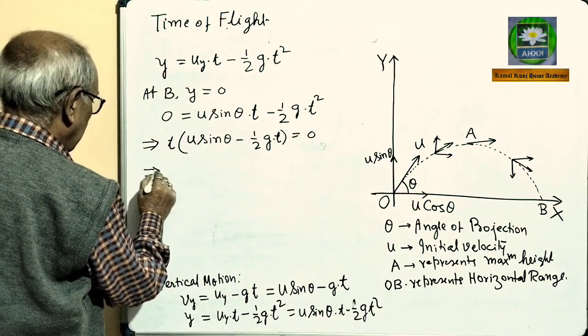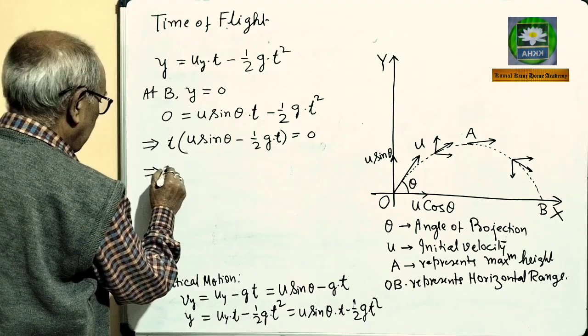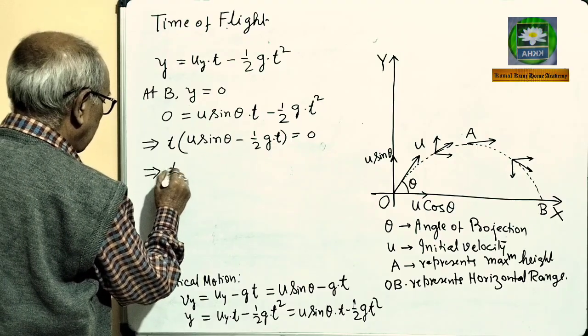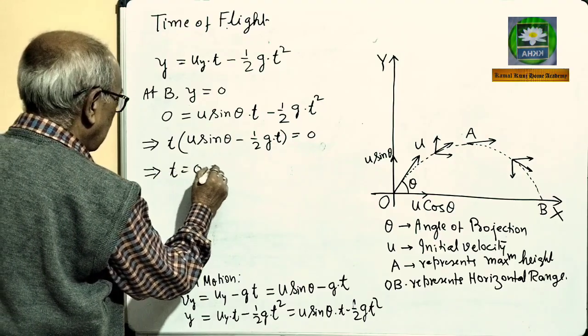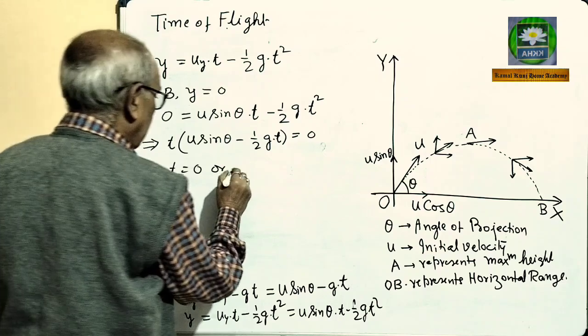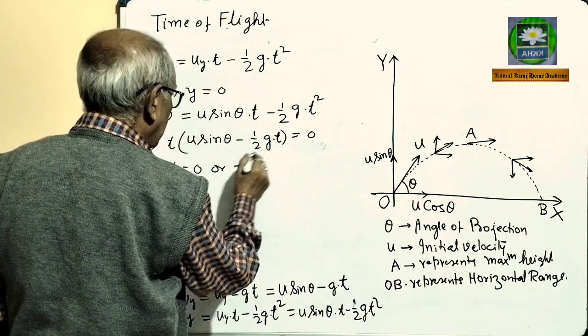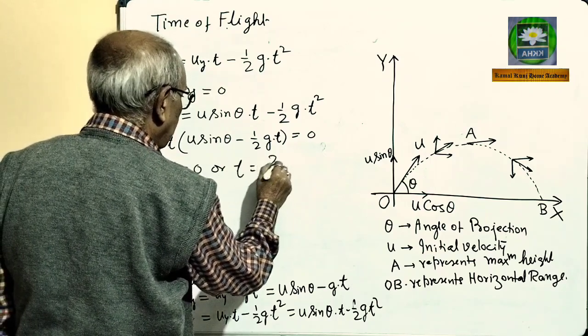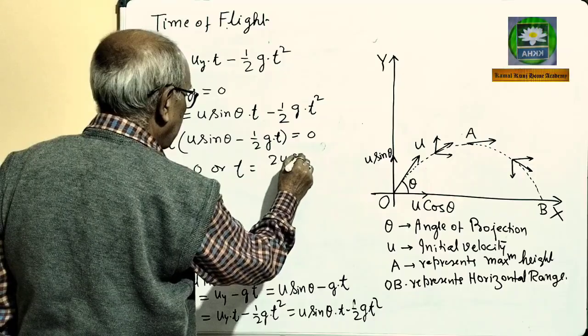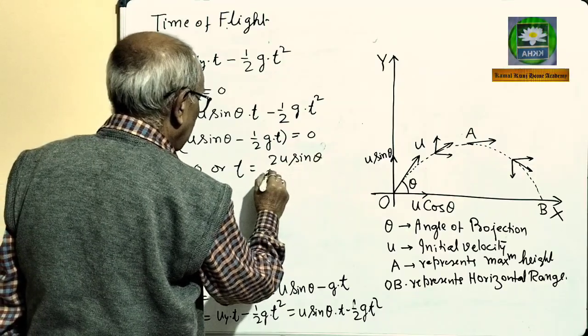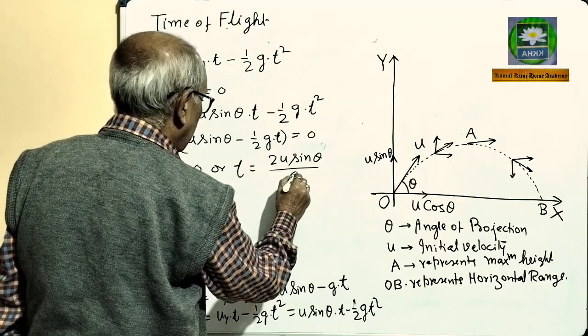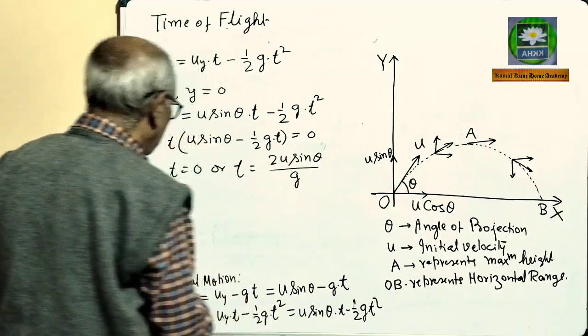This implies that t is equal to 0 or t is equal to twice u sin theta upon g.